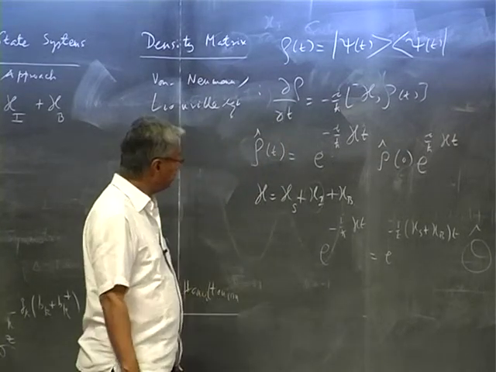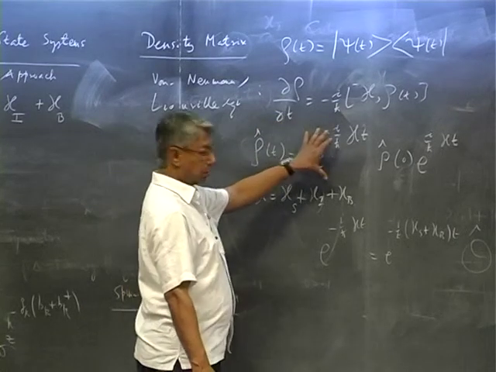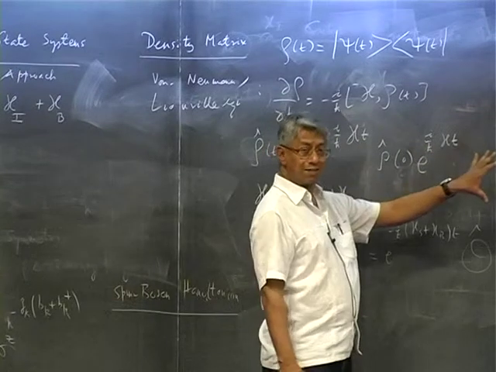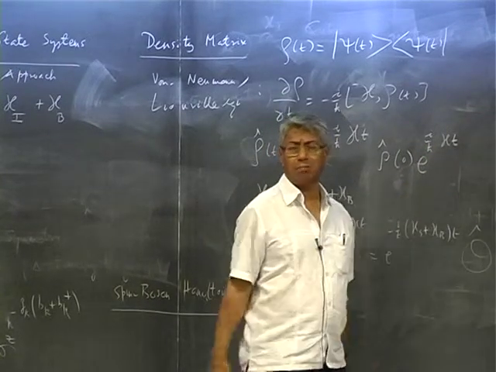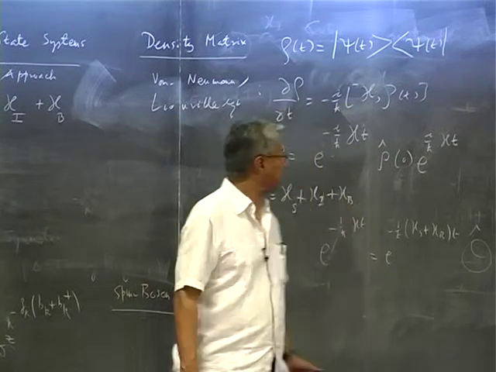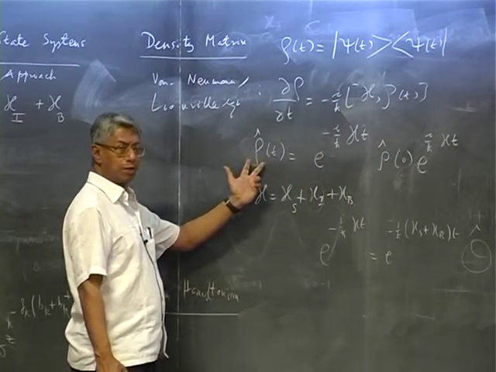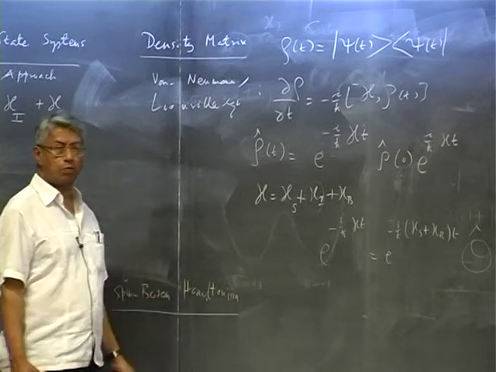However, the problem here is you have such entangled operators on the left, such entangled operators on the right, and you have a clumsy mixture of them, and eventually you have to do some kind of trace operations because you are going to calculate averages of quantities.